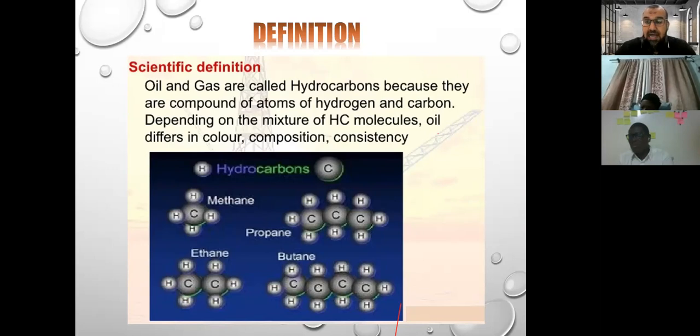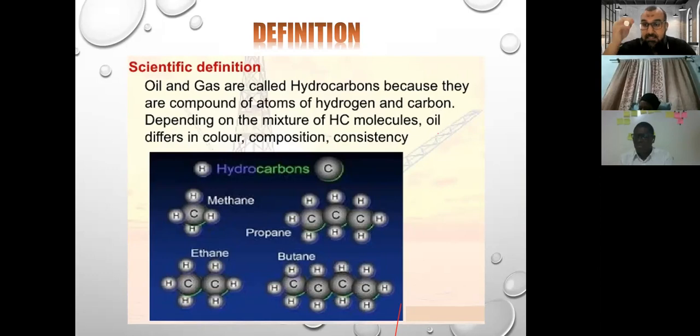So that's why it's called hydrocarbon. These atoms, hydrogen and carbon, are connected together to make different materials like methane, propane, ethane, butane. This is the kind of material we call hydrocarbon, and this is actually the oil and gas.